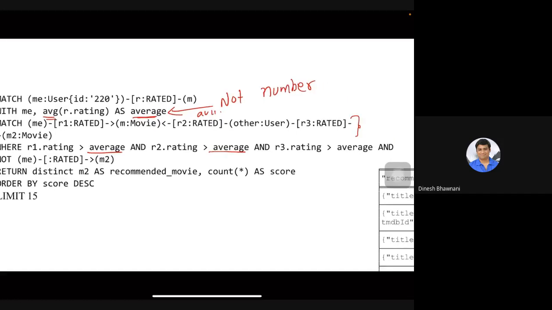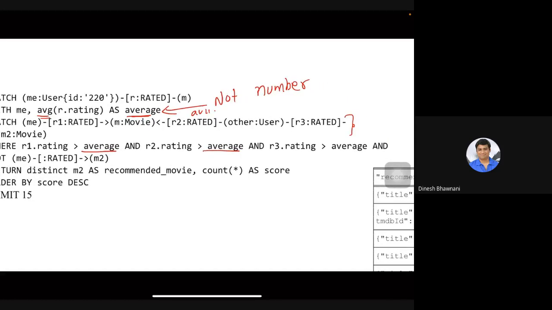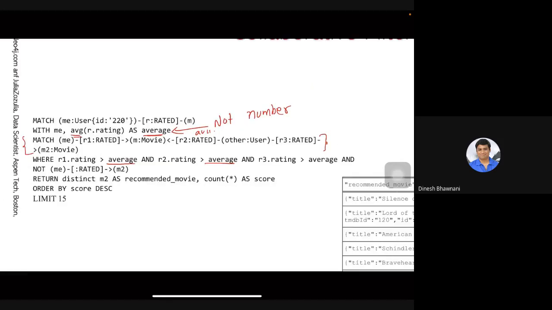So you're going to put the averages and then you're going to start creating constraints where a bunch of people have had the same thing. A bunch of people have had above average rating. So R1 dot rating greater than average, R2 dot rating greater than average, and so on, R3 dot rating greater than average.